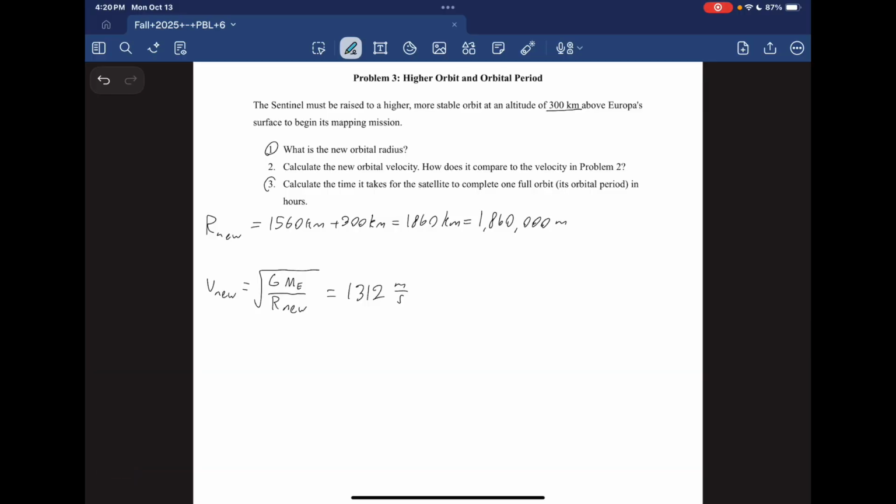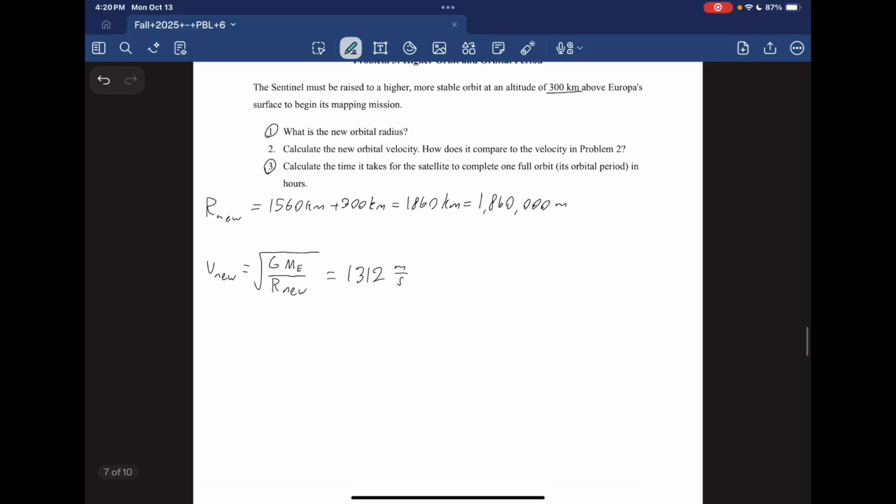The final question asks us to calculate the time for the satellite to complete one full orbit, aka its orbital period, in hours. Earlier, we used the equation that velocity is equal to 2 pi times the radius divided by the period. So we can rearrange this equation to solve for the period instead, by multiplying by period on both sides and then dividing by velocity.